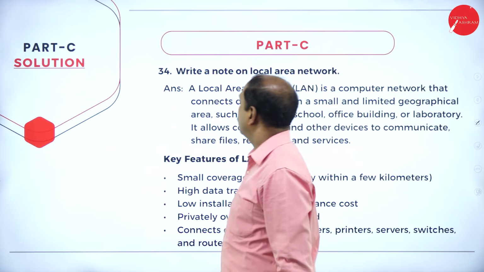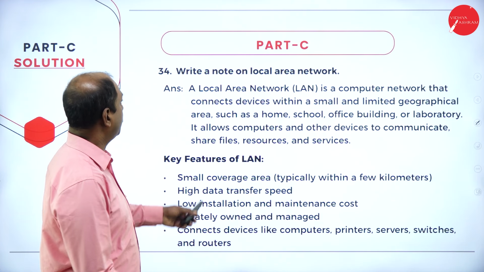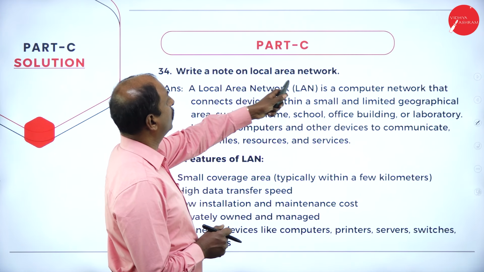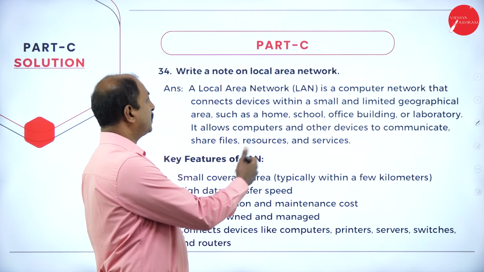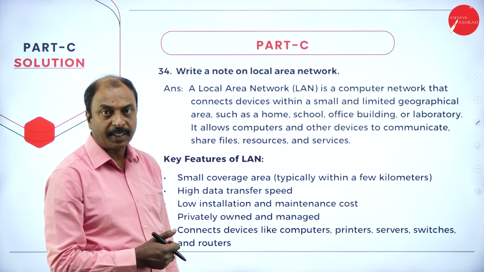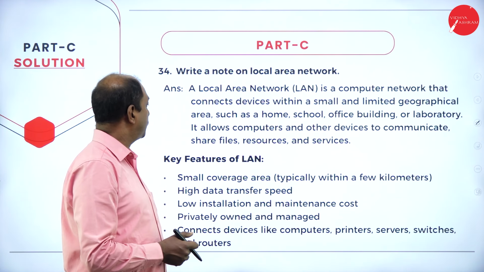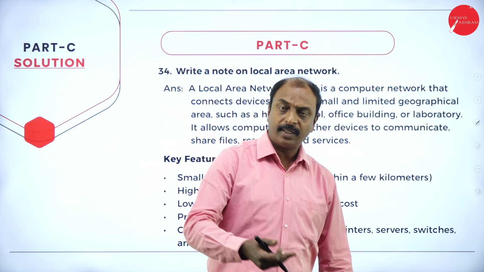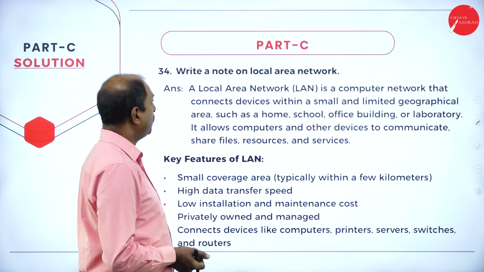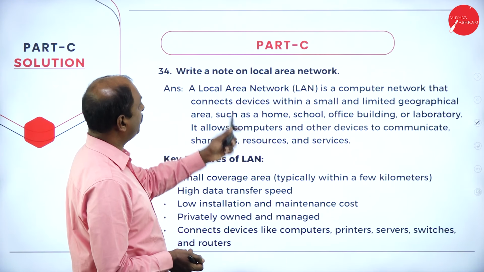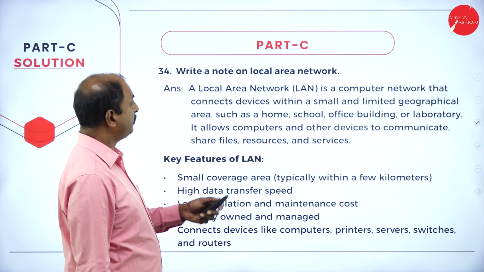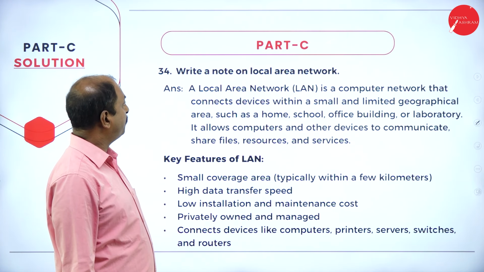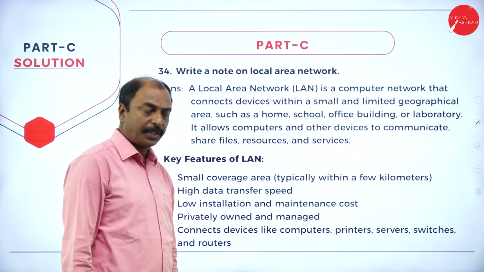Next is the 34th question, that is, write a note on local area network. This is from the chapter computer networks, where we discussed different types of networks, that is LAN, WAN, MAN and so on. Here the question asks us to explain along with a diagram. What is a local area network?